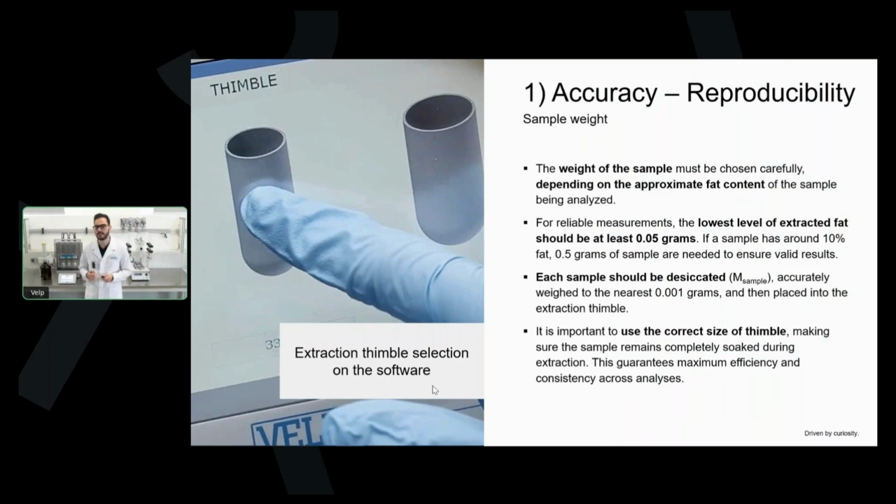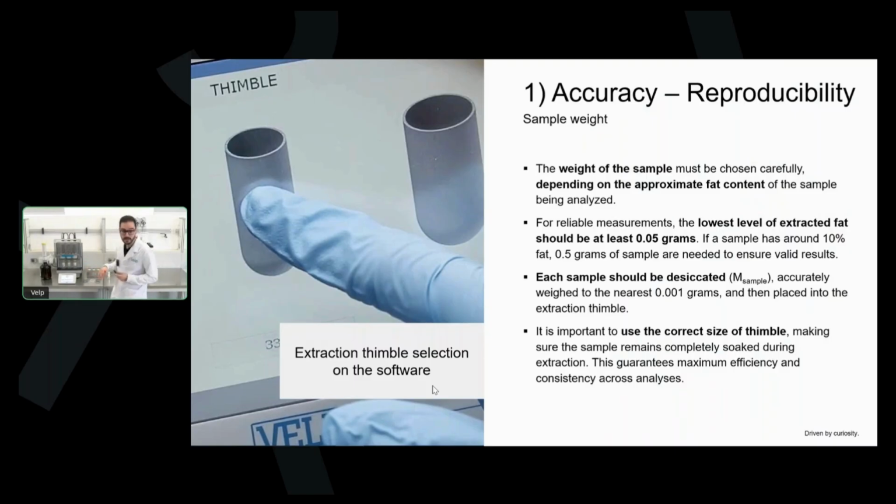Also, due to the gravimetric nature of the direct measurement, we have to dry the extraction cap in a really accurate way before starting the analysis, putting the extraction cap without the thimble into the oven for 1 hour, 1 hour and a half at 105 degrees centigrade.